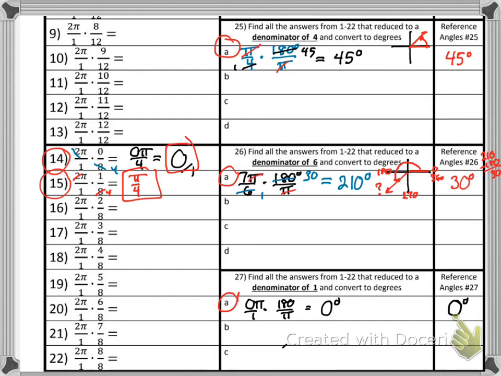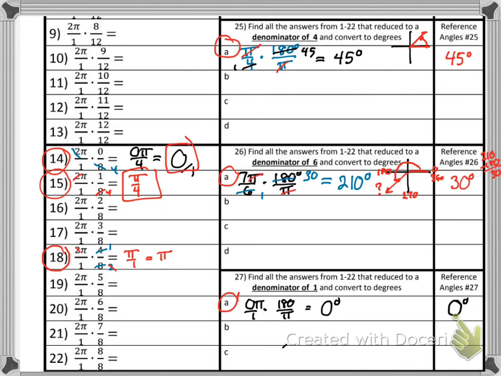Get another one. How about number 18? Let's do a little cross canceling. I'm going to up and down cancel first this time. 4 goes in there once, 4 goes in there twice, and then a little cross canceling. The 2's cancel. This one turns into pi over 1, or just plain pi.